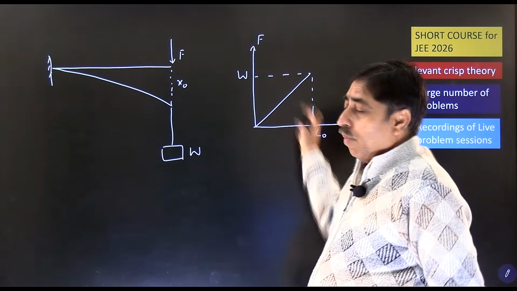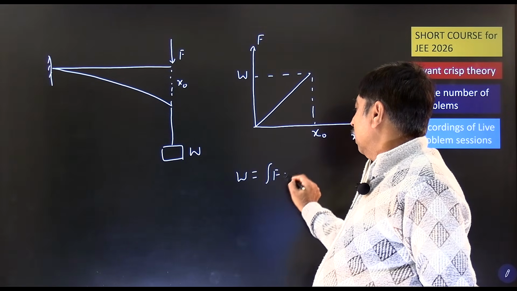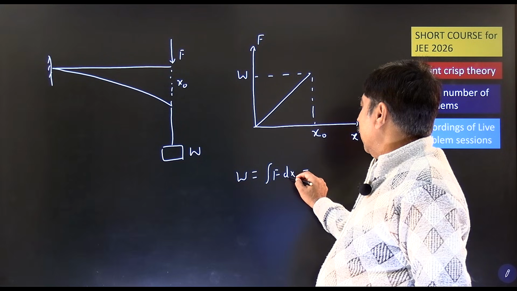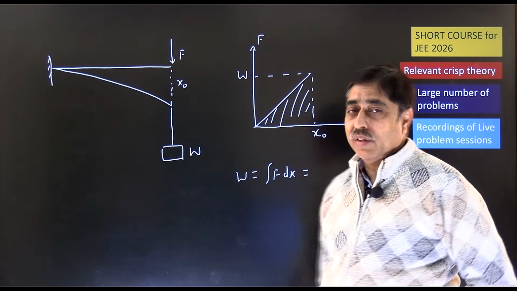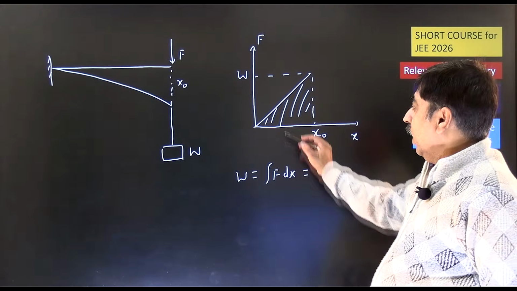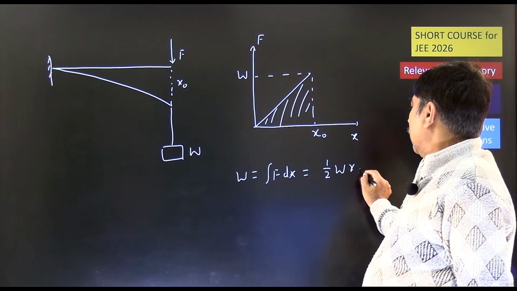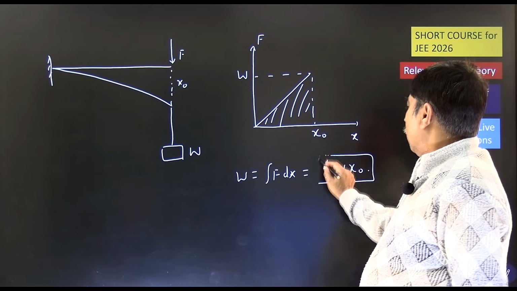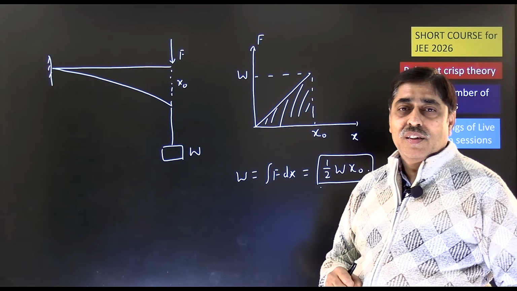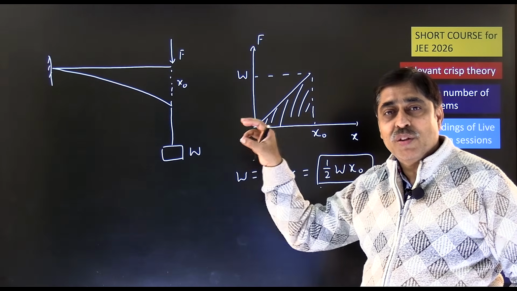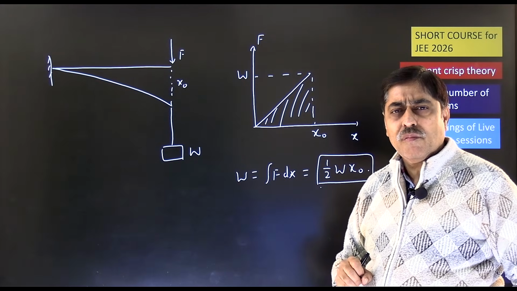And this is a variable force, its work done will be obtained by integration of f dx, but you need not do any kind of integration actually. This integration is obtained by this area of the graph. So, integration f dx is obtained by this area, which is half W x naught. So, this is the amount of potential energy that has been stored in this rod, elastic potential energy.